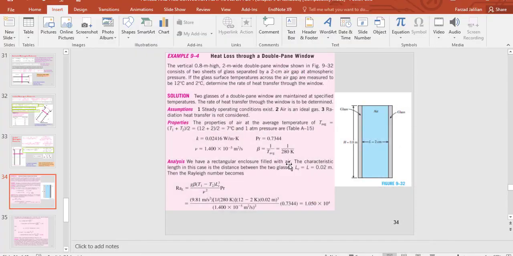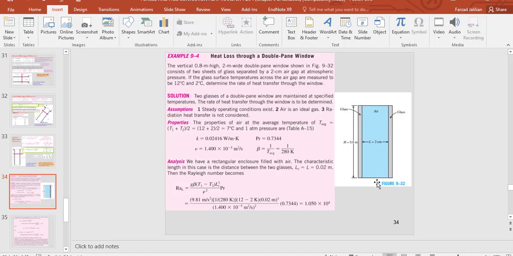Thank you. I'll continue. In this example, we are going to see convection heat transfer for a double pane window. If you remember, we had examples of heat transfer for double pane windows with air or other gases between the different numbers of glasses, which usually are 2.